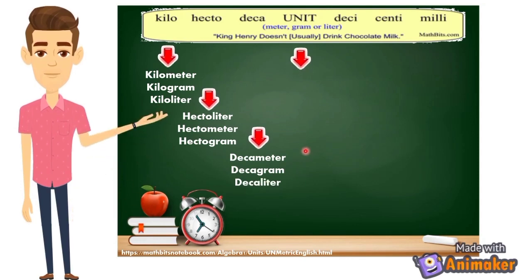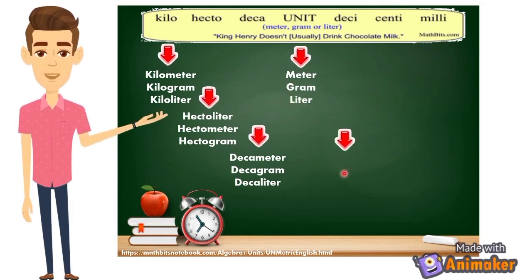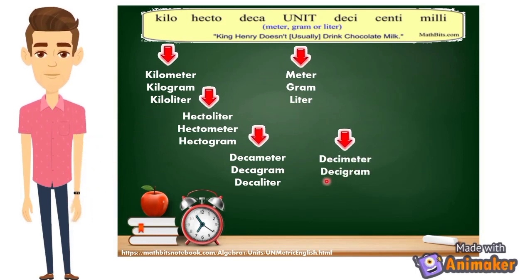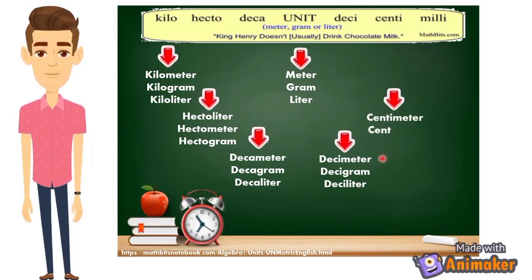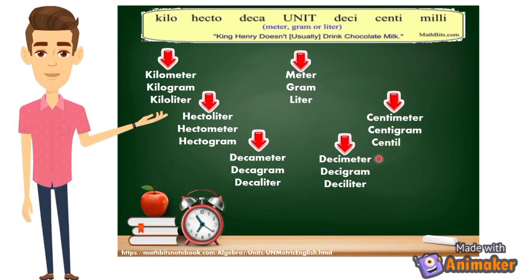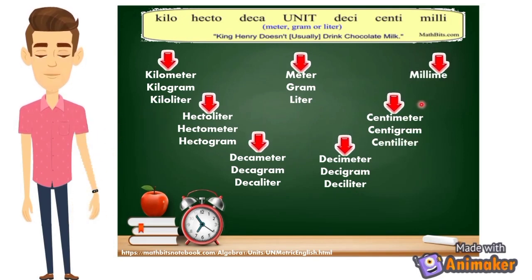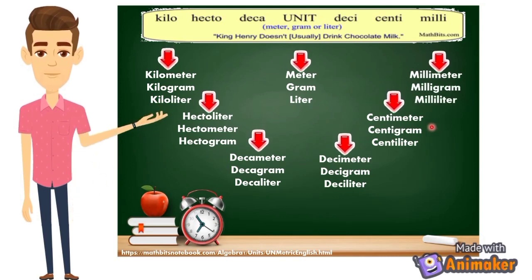For letter U, we have meter, gram, and liter. For deci, we have decimeter, decigram, and deciliter. For centi, we have centimeter, centigram, and centiliter. And for milli, we have millimeter, milligram, and milliliter.